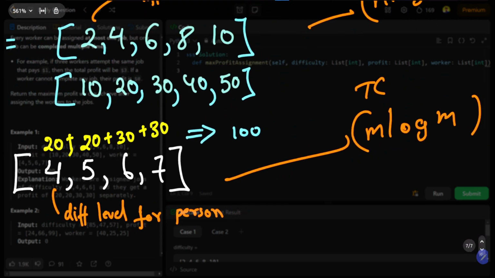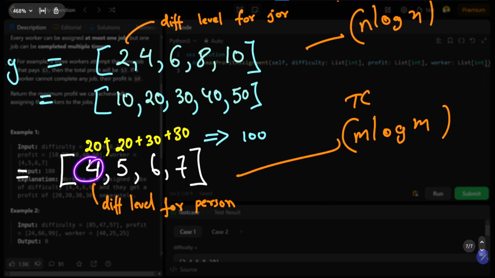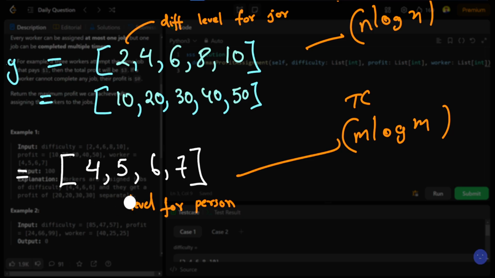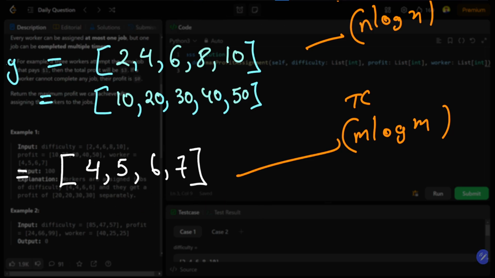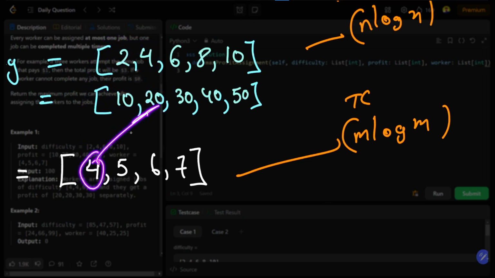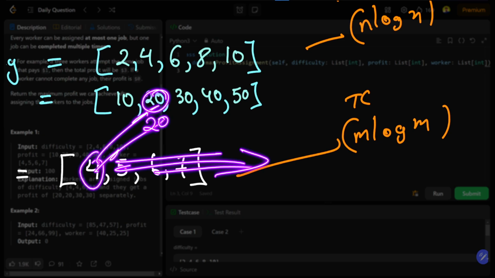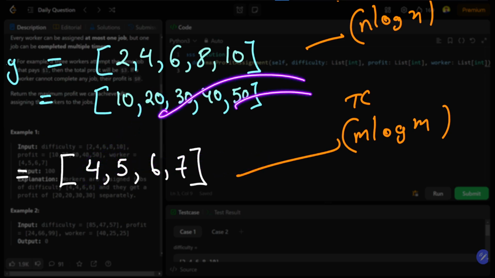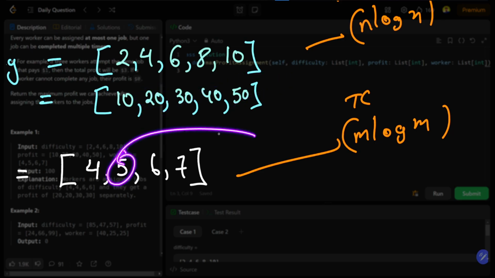What I'm trying to say is, if this person can do this job and this job and can get the maximum profit 20 from here, then any person coming next to it can get at least the maximum profit 20. It can get more than that, but at minimum it will get 20 profit, because a person with more difficulty level can do a job with more difficulty level.